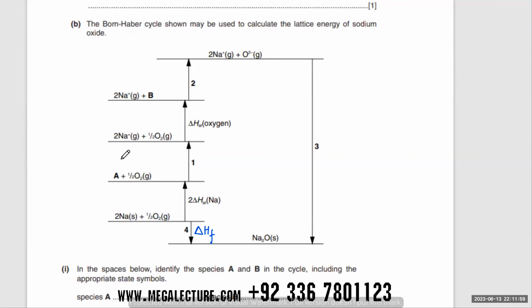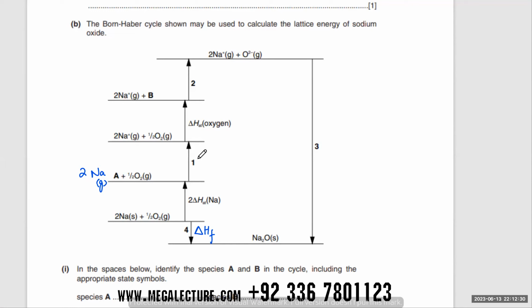But what would you write? It's atomization of sodium, right? So sodium element turning into what? Na gas. Okay, so it's going to be Na gas, right? And it's 2 moles, because there were 2 moles over here. It's 2 times the enthalpy of atomization of Na.